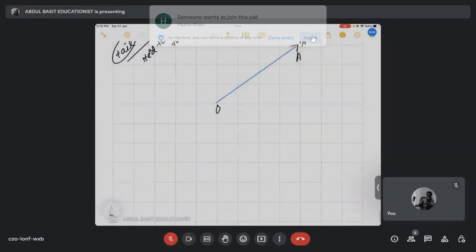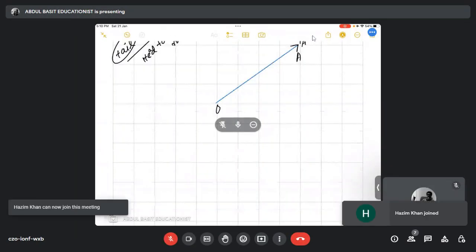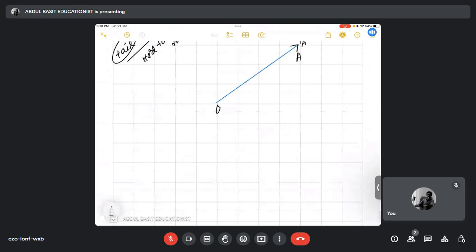If my vector is like that and this is A, and the examiner wants me to draw 2A, it means that it would be the double of this vector. So I just have to draw a line which extends that.